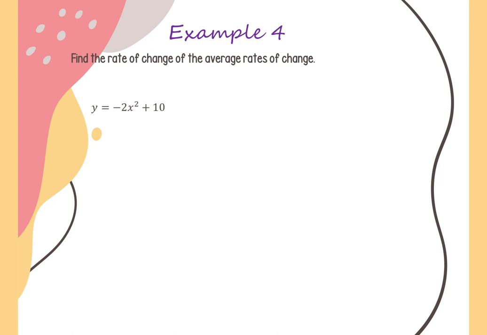Does that make sense? If it said y equals 2x plus 3, that's linear. The rate of change of this is 2. But the rate of change of the rates of change is 0 because it's always 2. So you're always going up by 2.